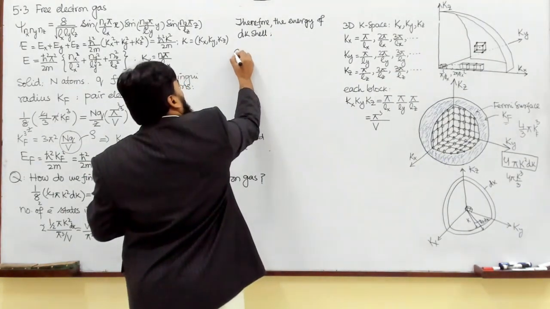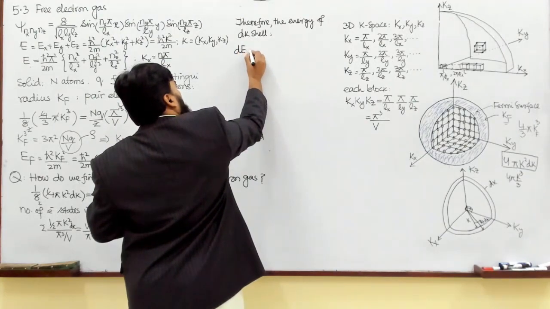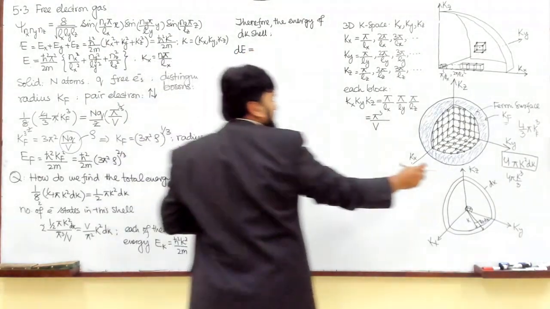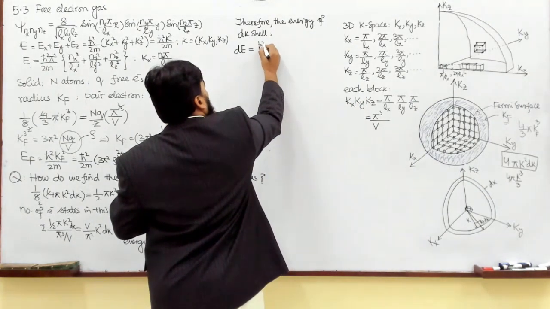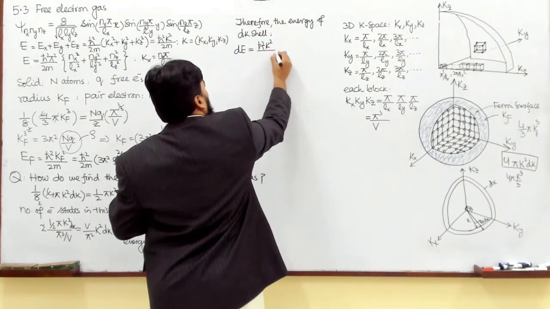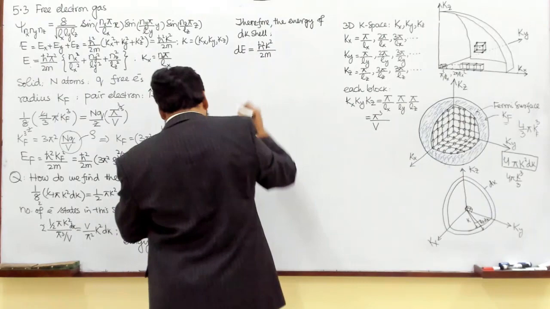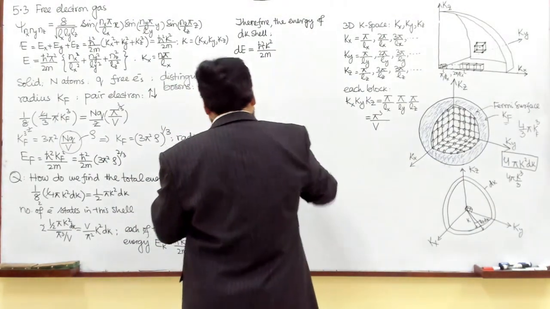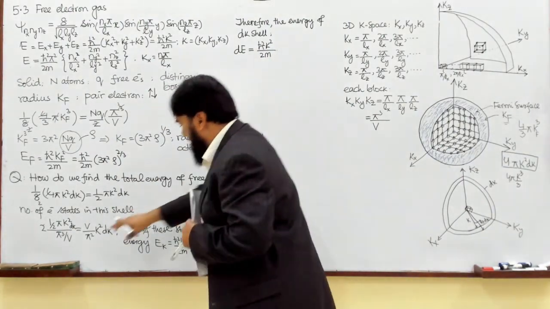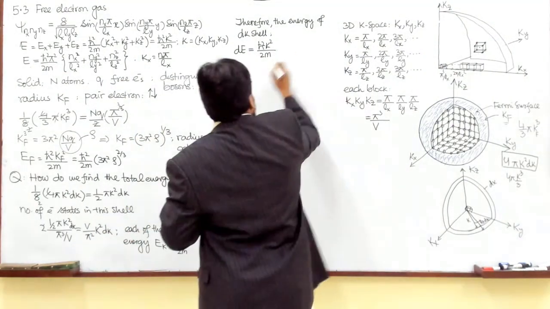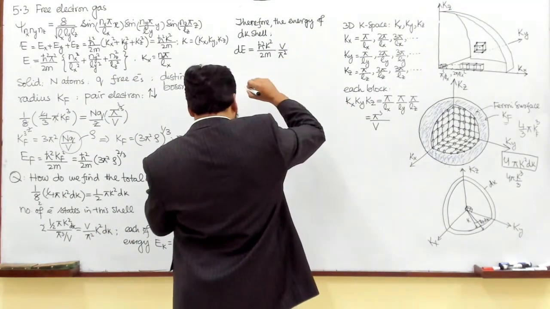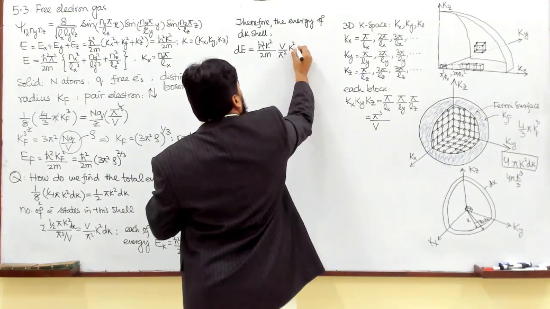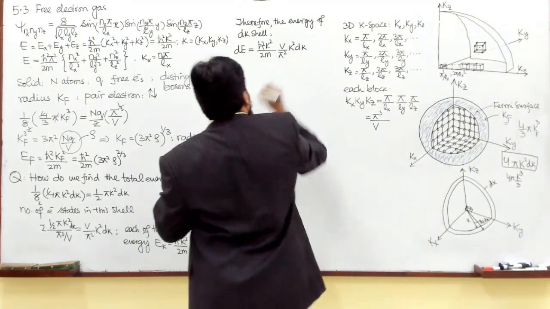I can write it will be a differential energy, meaning a very small energy, because I am just considering this much shell. It will be the energy k square over 2m multiplied with this fraction, V over pi square k square dk.